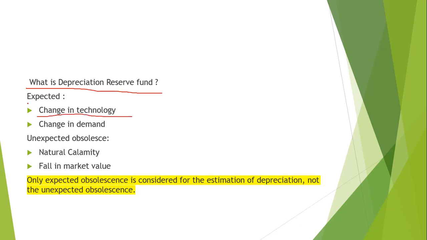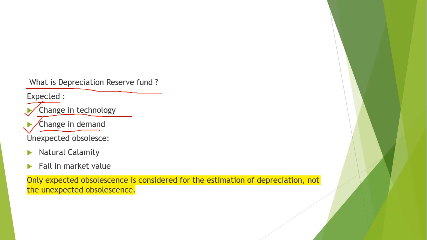Now there are two types of depreciation which can happen: expected and unexpected. Under the expected, we know that technology changes, as I told you. So due to obsolescence, the change in technology, depreciation can happen. And it can also happen due to change in demand.